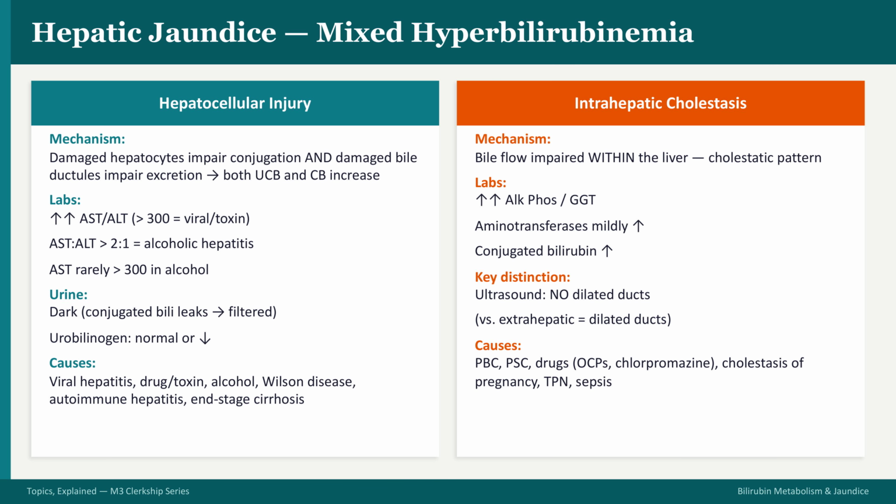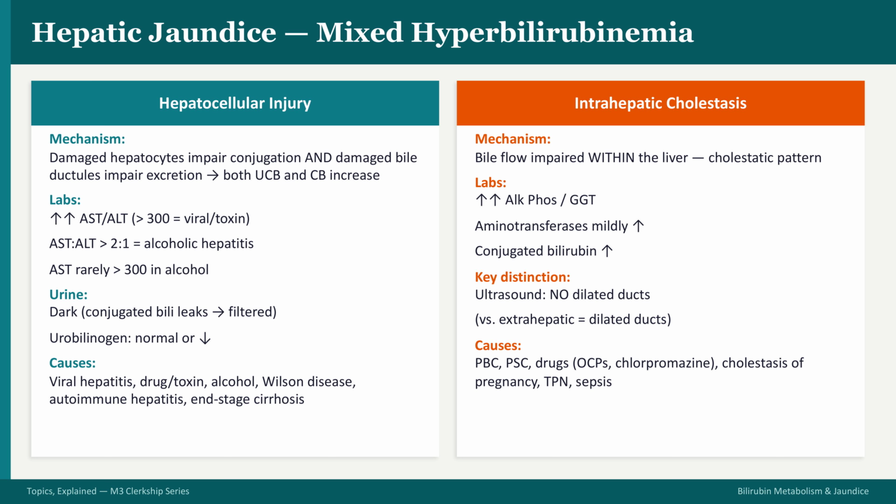Hepatic jaundice has two main patterns, and distinguishing them is key to your workup. Hepatocellular injury, think viral hepatitis, drug toxicity, alcoholic hepatitis, Wilson disease, damages both the hepatocytes and the small bile ductules. This impairs conjugation and excretion simultaneously, so you get a mixed picture with both unconjugated and conjugated bilirubin elevated.